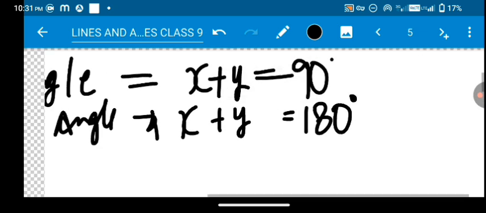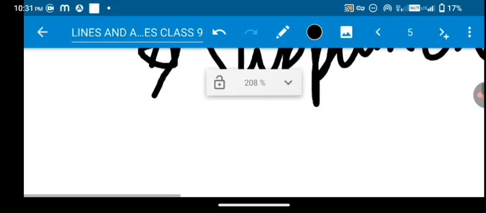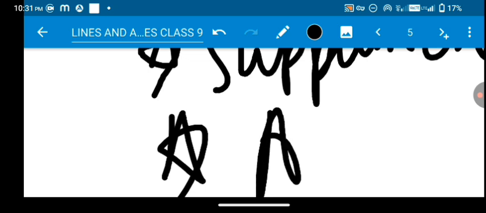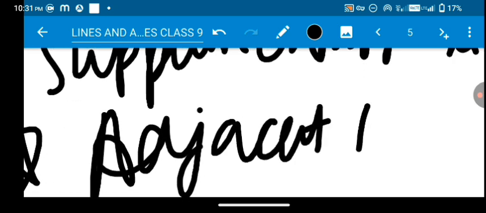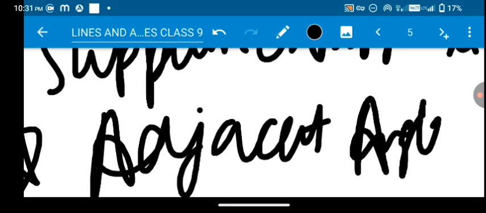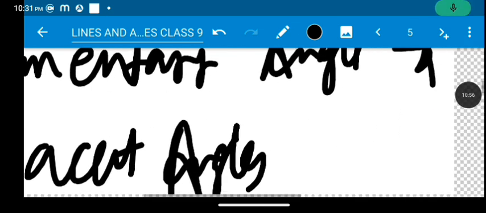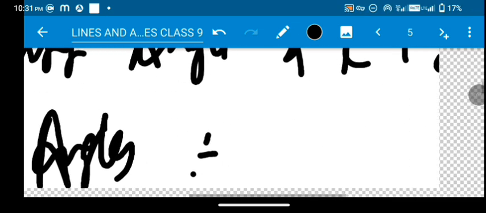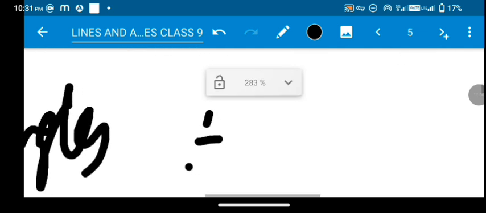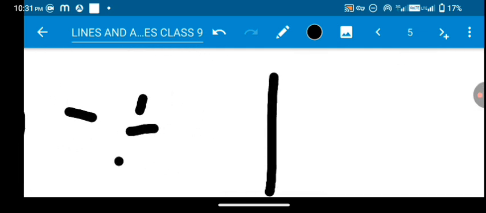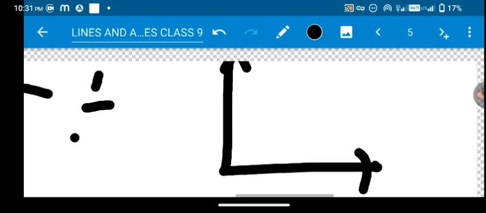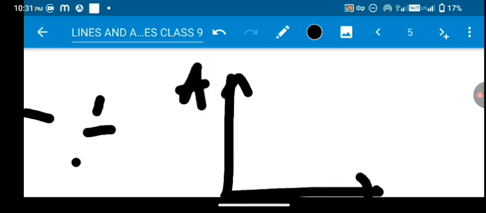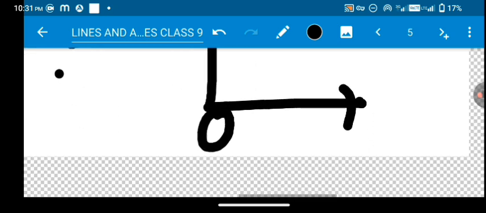Adjacent angles. What are adjacent angles? Suppose I made this AOB.